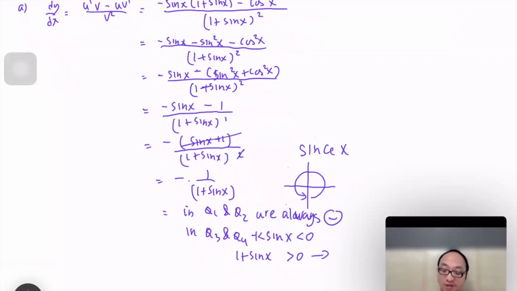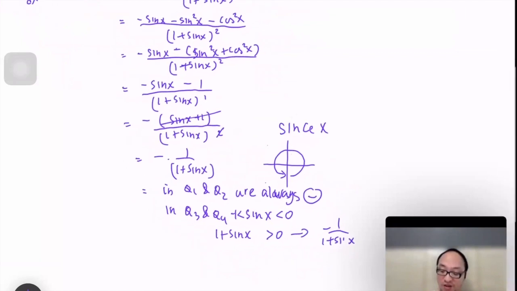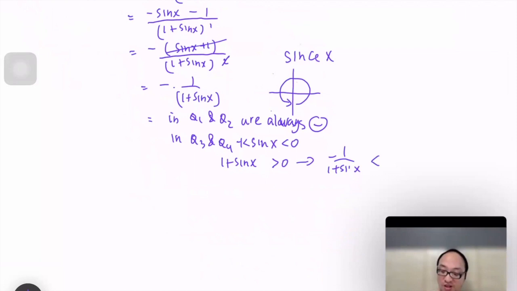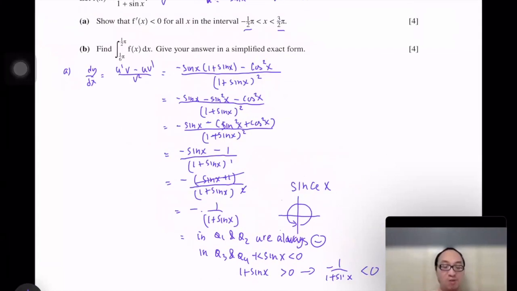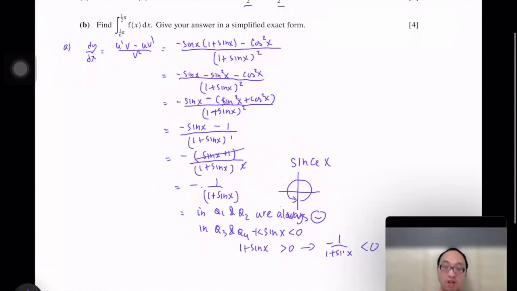So negative 1 over (1 plus sin x) is always negative, smaller than 0. So we have proven that the first derivative is always negative.